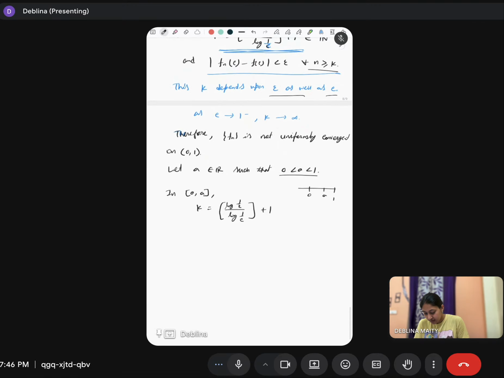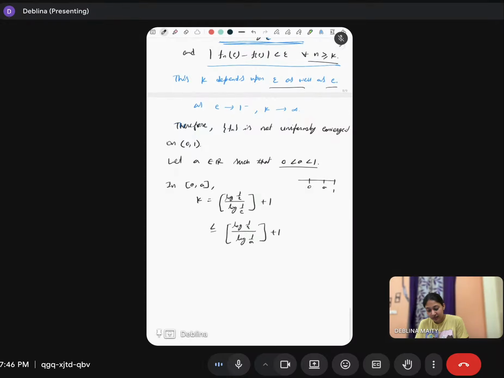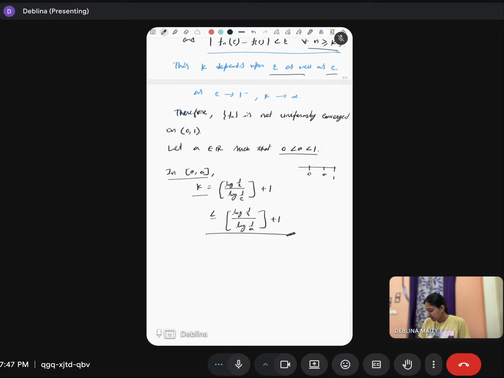Now this is less than or equal to log of 1 by epsilon by log of 1 by a, plus 1, right? In this interval k is less than or equal to this number, right? So the greatest value of k in this subinterval is going to be this one, right?